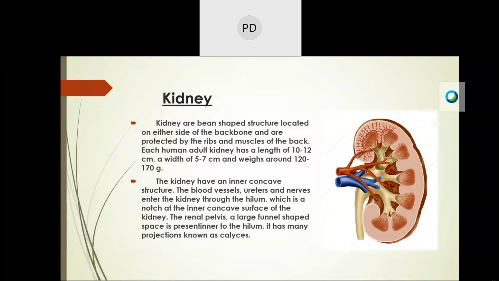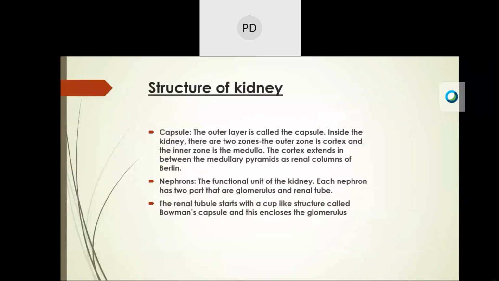The kidney has an inner concave structure. The blood vessels, ureters, and nerves enter the kidney through the hilum, which is present at the inner concave structure of the kidney. The renal pelvis, a large funnel-shaped space, is present inner to the hilum. It has many projections known as calyces. Structure of kidney. Capsule. The outer layer is called the capsule. Inside the kidney, there are two zones.